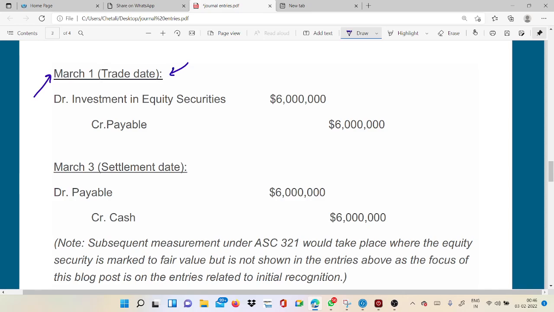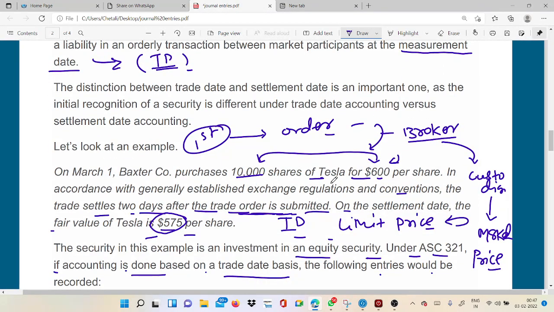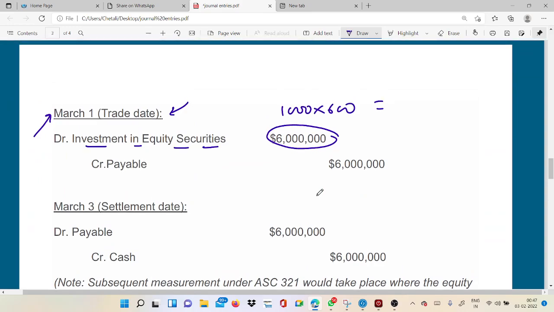The accounting entry would be investment in equities, for 10,000 shares into 600. So the value would be 10,000 into 600.